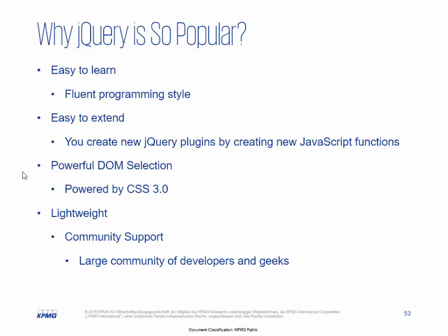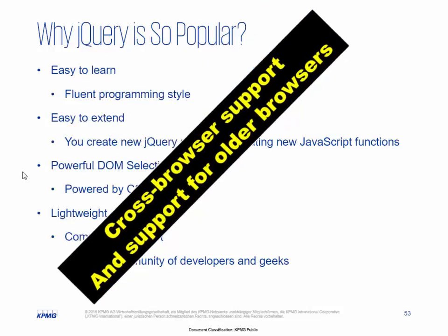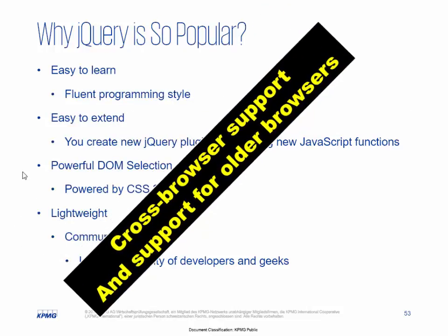jQuery is really easy. It's lightweight. The code is very small. You don't have to build a lot of stuff. It gives you access to everything in a very small volume of code. You can build your own extensions to it. It's powerful. It's lightweight, like I mentioned. And I think the biggest benefit is that it supports cross-browser.